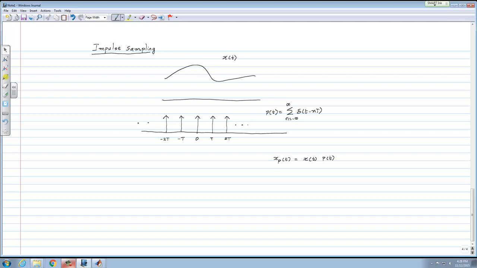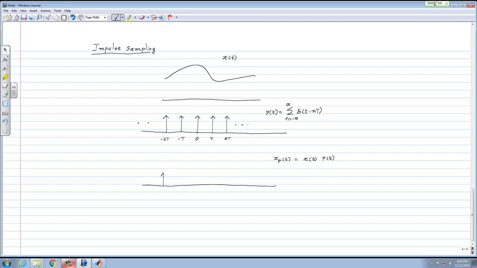Now what would happen when I multiplied these two signals together? What I would get is also a bunch of impulses, but the strength of these impulses would all be affected by the values taken by x of t at time instants which are integer multiples of capital T. Right? So I would get something like this.